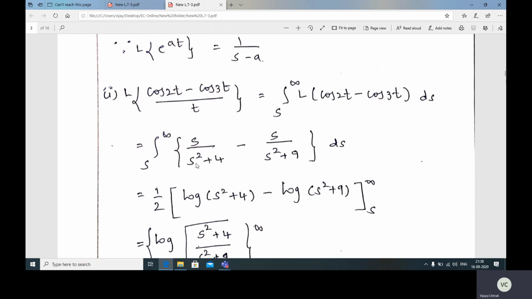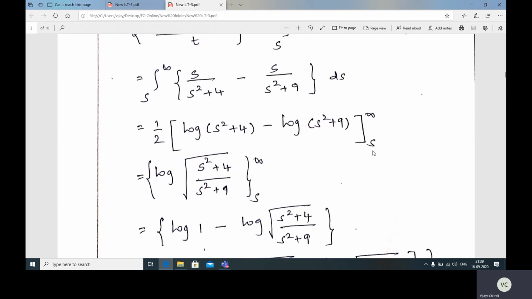So next you will get here integration from s to infinity of 2s divided by s square plus 4 minus 2s divided by s square plus 9, integrate with respect to s. So whatever we have multiplied, we need to divide. So 1 by 2 into this. So this is nothing but log of s square plus 4 minus log of s square plus 9, limits varying from s to infinity.